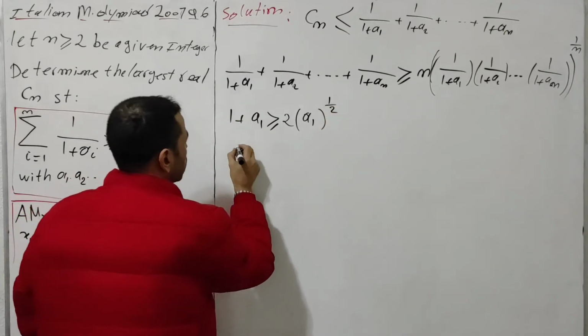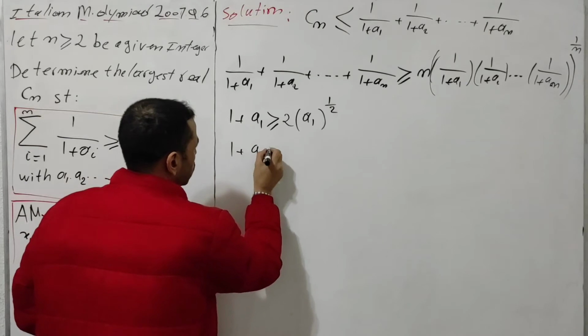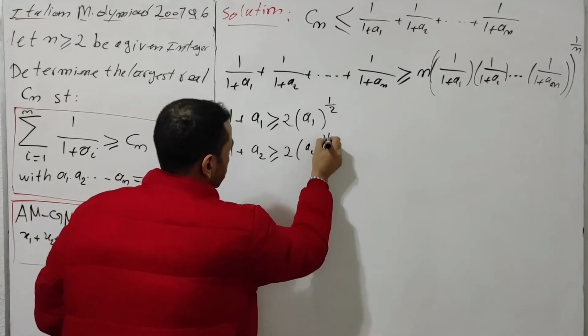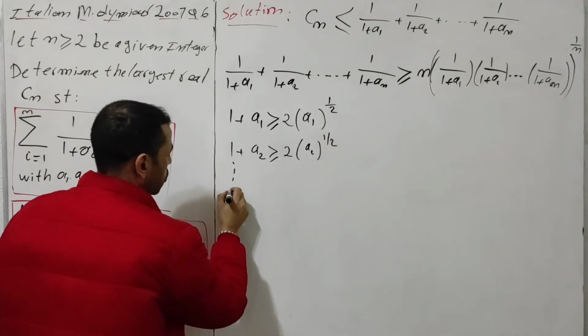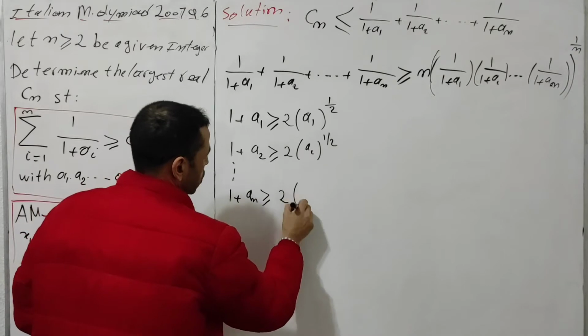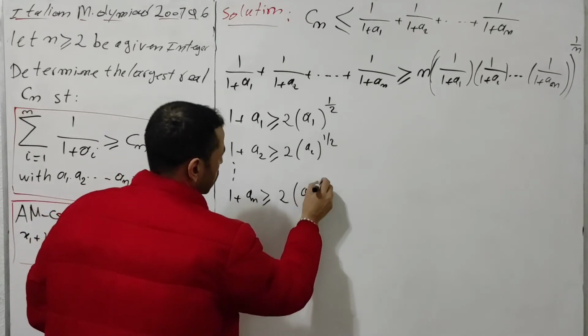The same with the second term: 1 plus a sub 2 is greater than or equal to 2 times the square root of a sub 2, and all the way down to 1 plus a sub n, greater than or equal to 2 multiplied by a sub n to the 1 over 2.